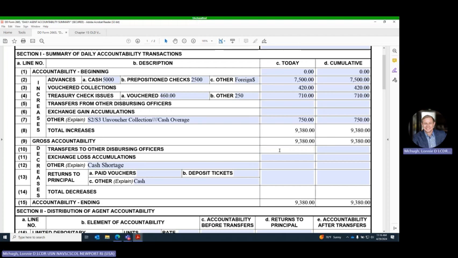This is not used, and again, this would be if you are closing down your dispersing operation. Line 11 is exchange loss accumulation. So again, that's if we are calculating an exchange rate and it goes past 2 decimal places, this is where we would account for that loss in value.